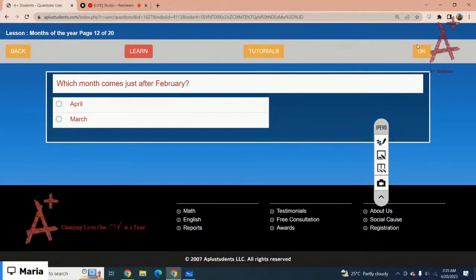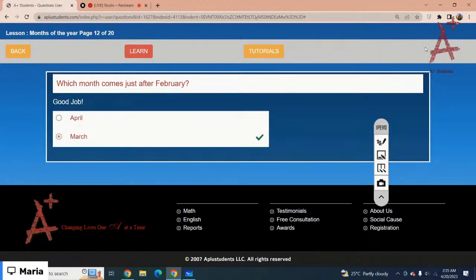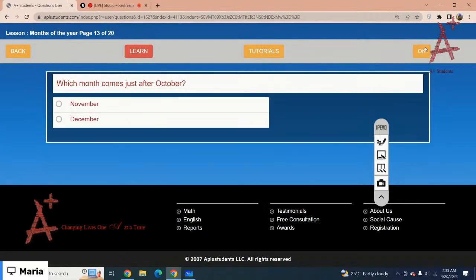Which month comes right after February? It would be March. Which month comes just after October? It would be November. Got it?